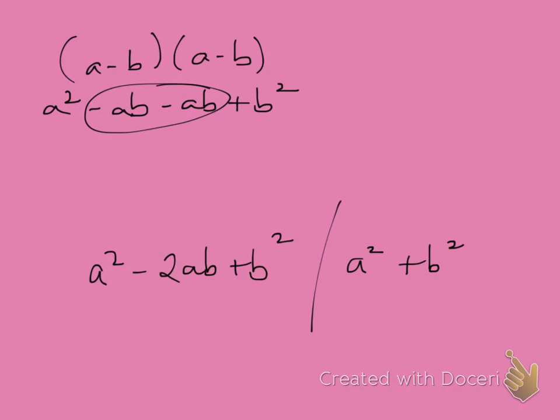Combine your like terms here. A squared minus 2AB plus B squared. So, Braley was right. And again, the idea is not to FOIL, it's to go straight to here. If you have to FOIL, it's fine.